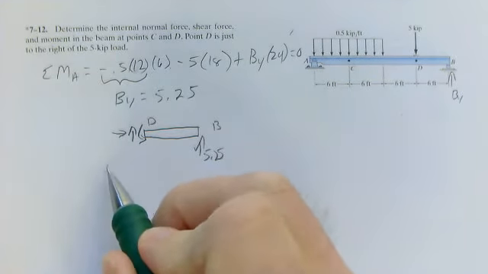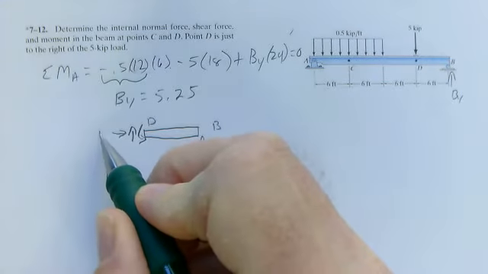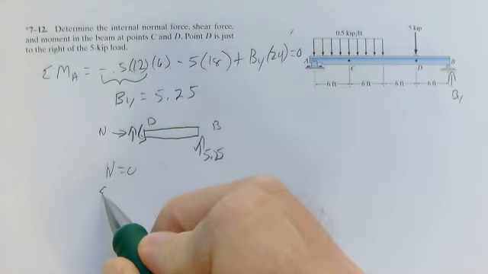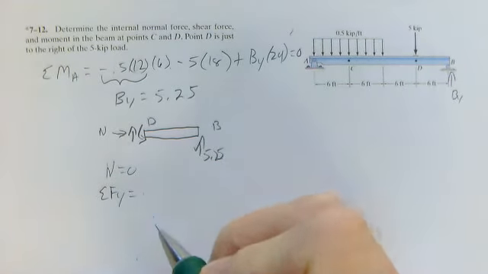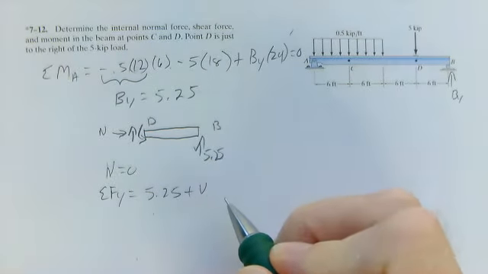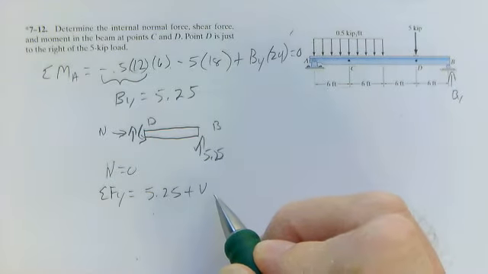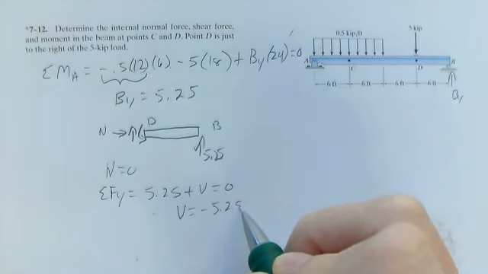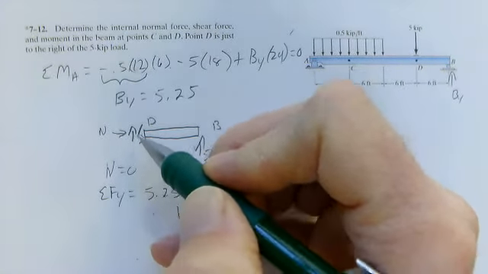Now the normal is clearly 0, since there are no other horizontal loads. Sum the forces in the Y. I've got 5.25 up, I've got shear up, and that's it. So shear equals negative 5.25. So that shear is going down.